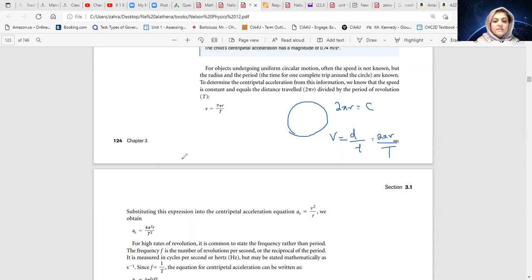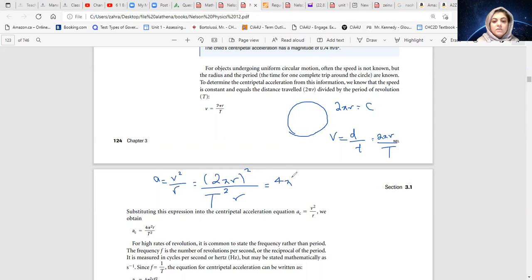Also, you know that the acceleration is v squared over r. And instead of v, I can put 2 pi r over T. So (2 pi r) squared divided by T squared, and here is r.